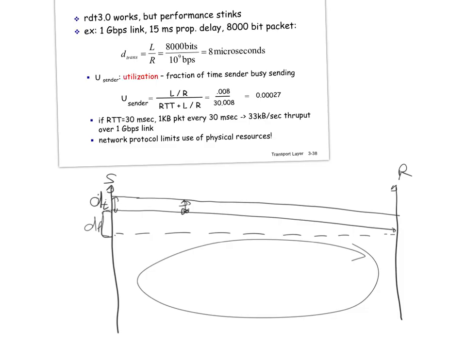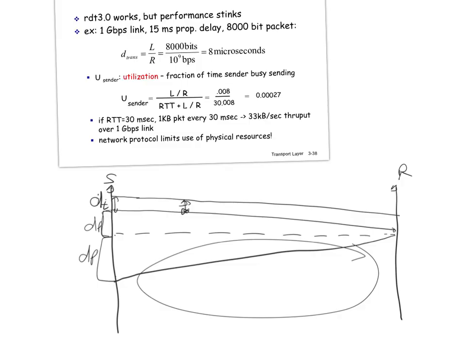When the receiver receives that segment, what the receiver will do is send an acknowledgement, right? So this acknowledgement, we draw it as one line because the acknowledgement has a very, very small length. It's just one field or two fields, right? So this is the propagation time for the acknowledgement.